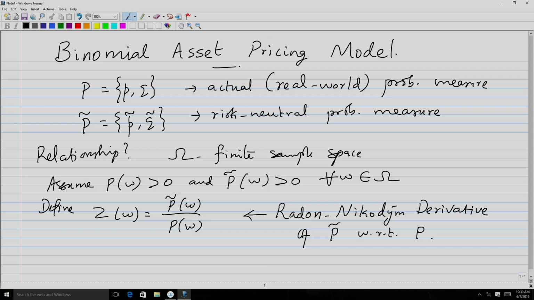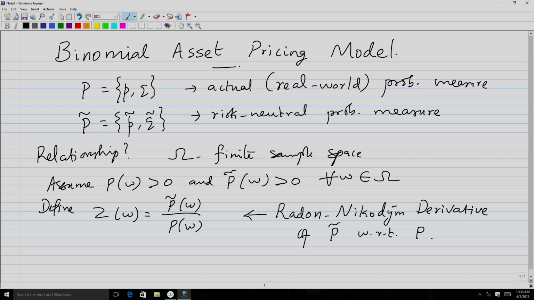Here we have independently constructed p and p tilde: p is given, p tilde we have constructed, and we are trying to connect them through Z. In the continuous time model we will take p and use Z to get to p tilde. That is how we will define it in continuous time, so understanding this will be helpful when we move to that stage. So this is really a ratio in the case of the discrete time model, but it is actually a derivative in general.